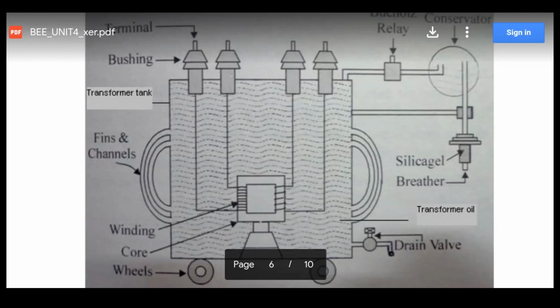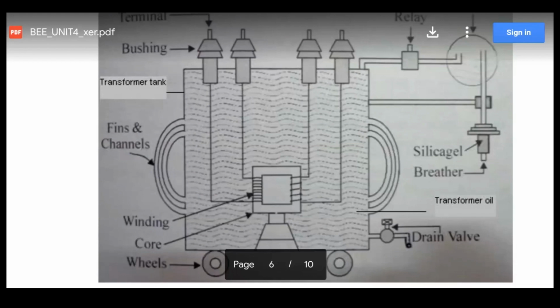The other role is insulation. An insulator is an element which does not allow the passage of current within it. Insulation provides the stoppage of flow of current.